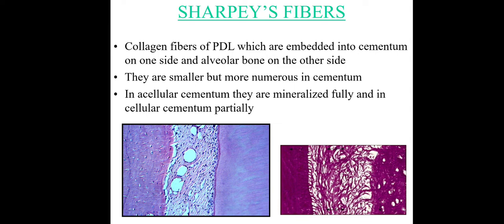Next, the type of fibers which we need to know with respect to the periodontal ligament are the Sharpey's fibers. Sharpey's fibers are collagen fibers of the periodontal ligament which are embedded into cementum on one side and alveolar bone on the other side. As we know, one of the main functions of the periodontal ligament is to provide attachment to the tooth within the socket.